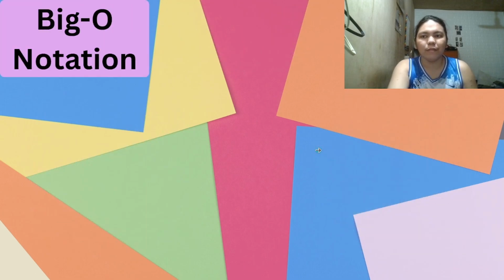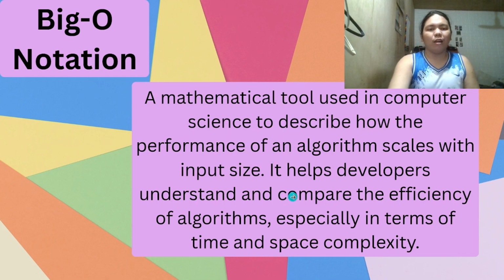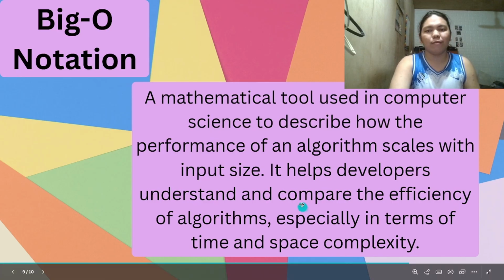Here, big O notation is a mathematical tool used in computer science to describe how the performance of an algorithm scales with input size. It helps developers understand and compare the efficiency of algorithms, especially in terms of time and space complexity.